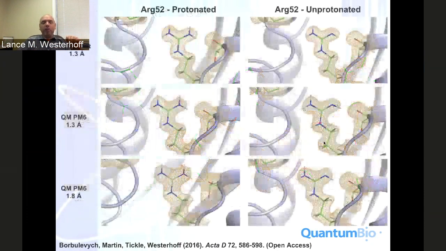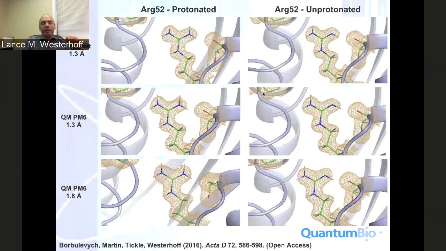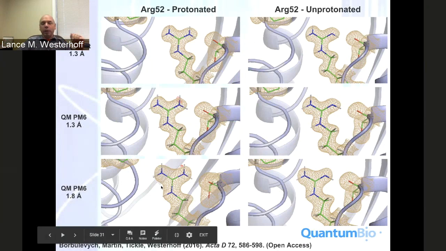We followed that up with a look at the arginine set. And again, this is an arginine structure where you have this restraint-based protonation. Here's the protonated arginine 52 versus the unprotonated arginine 52. Here's the PM6 at the full 1.3 angstrom, and then finally the PM6 at the 1.8 angstrom, again with those two protonation states.